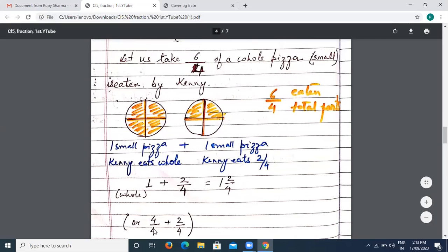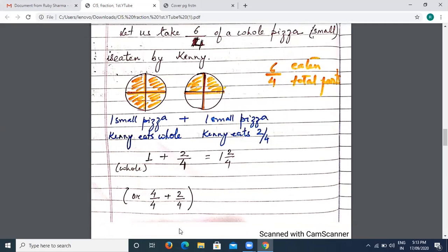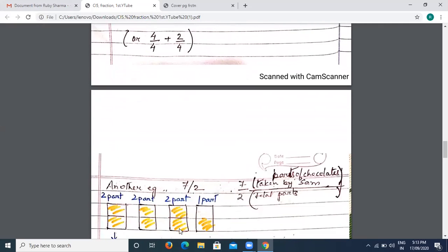So I take 4 as the denominator and I write 4 on top to get 1 whole. Plus, from here it is 2 by 4, I cannot change it. So total I get 6 by 4. So improper fractions are greater than 1.